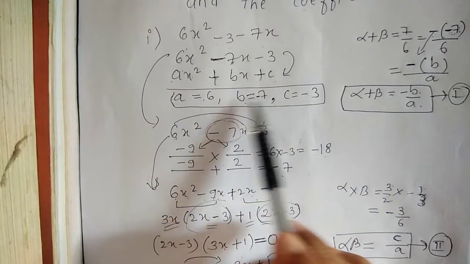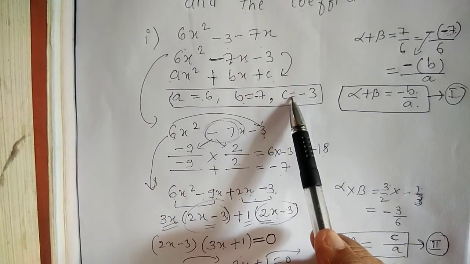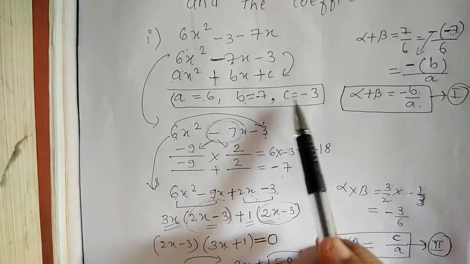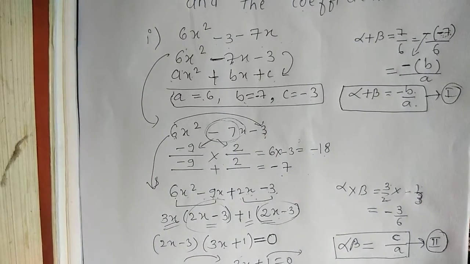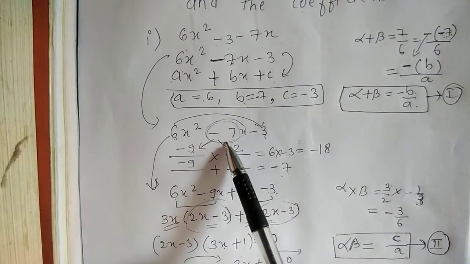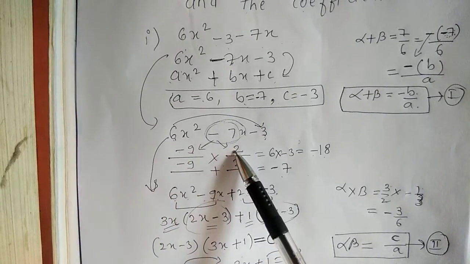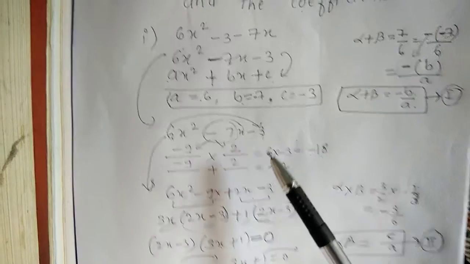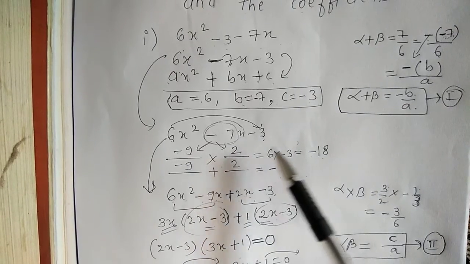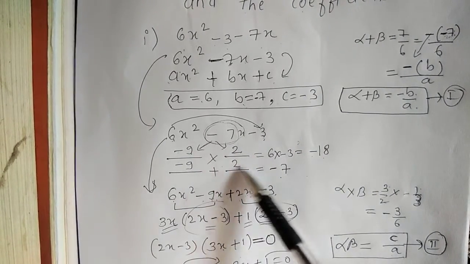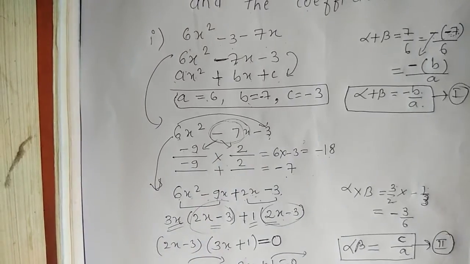These are coefficient values. Now to find the roots, we have to factorize the quadratic polynomial. How to factorize? You have to find two integers such that the product is minus 18 and the sum is the middle term, that is minus 7.